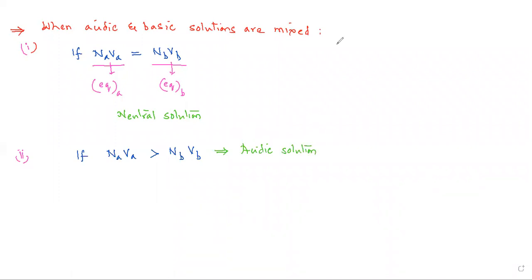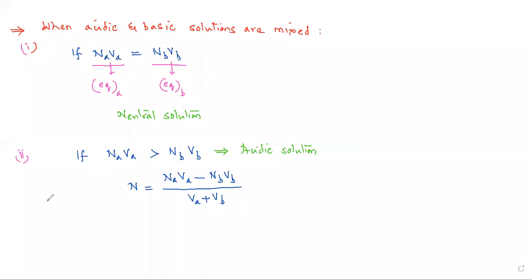Now in this case, the normality of the resulting solution can be calculated as (NaVa - NbVb) / (Va + Vb). Because the number of equivalents of acid is more, we are just subtracting those of the base from that of the acid.